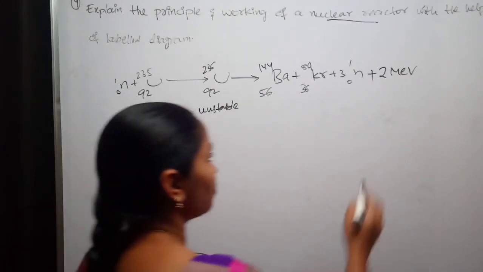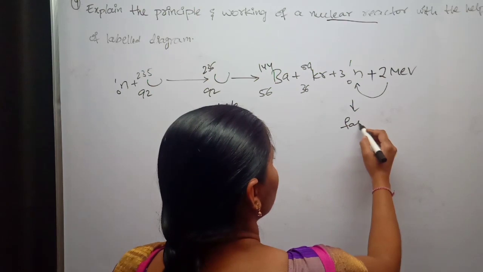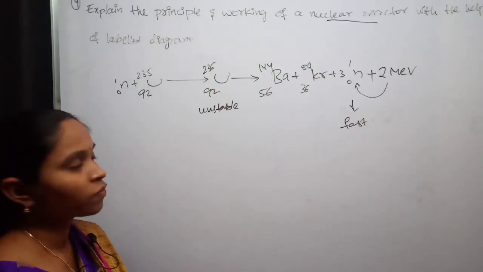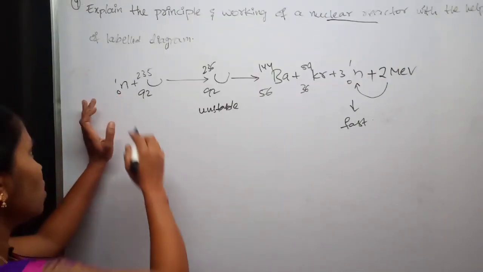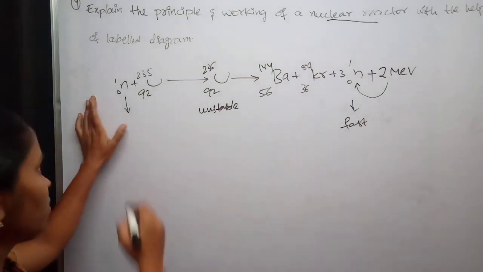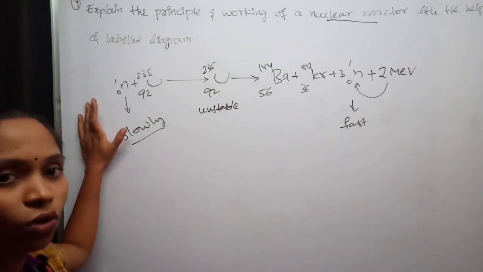Because of this energy these neutrons will move very fast. The neutron whichever we are using in this reaction is a slowly moving neutron. We have to take a slowly moving neutron.